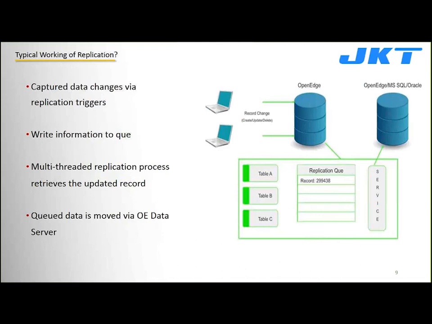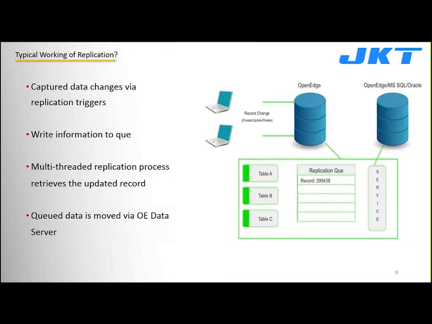Let's talk a little more on the technical front about the typical working of a replication solution. All the data is in the master Progress database from different sources. The source of data can be a character interface or web or any third-party UI or mobile application, anything.